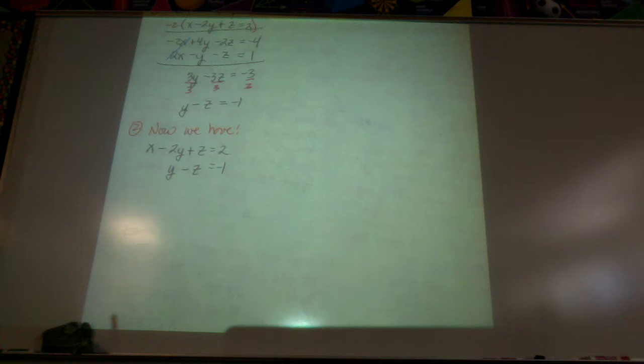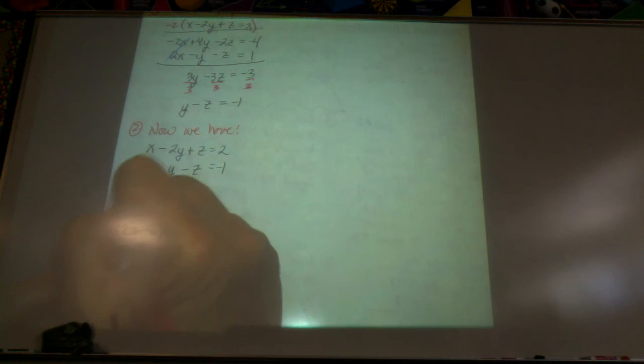Now we're going to work our way into a strange answer, because there are an infinite number of solutions to this non-square system. There always are. An infinite number. So here's how you're going to find it. Okay, so step 3.